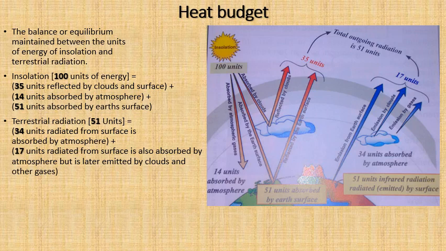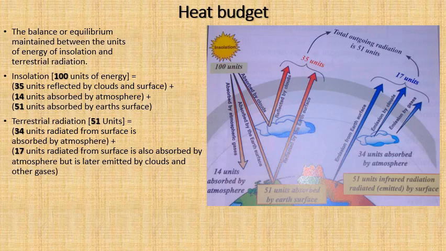Among the 51 units, all the 51 units are going out of the Earth's surface because only if it goes out there will be a balance. But in the 51 units which go out, 34 is absorbed by the clouds and the atmosphere and it stays inside. The remaining 17 is also absorbed by the atmosphere and the clouds, but that doesn't stay within it. It goes out of the clouds and the atmosphere after some time.